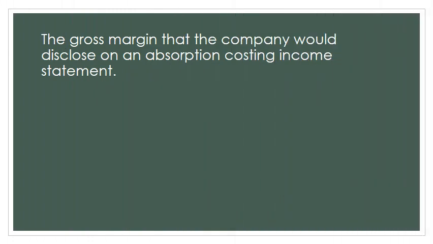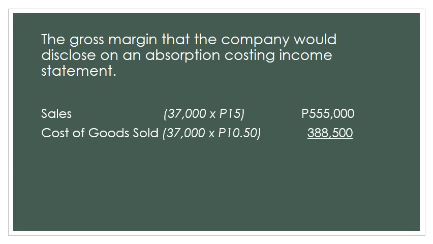Ito yung naging solution. So, sales, diba, 37,000 units daw yung nabenta at 15 pesos each. So, 555,000 yung total sales or total revenue. Then, ima-minus natin yung cost of goods sold. The cost of goods sold under absorption costing is the product cost or inventoriable cost, which is 10 pesos and 50 centavos. Saan po nanggaling yung 10 pesos and 50 centavos?